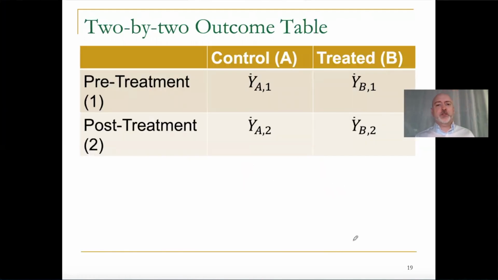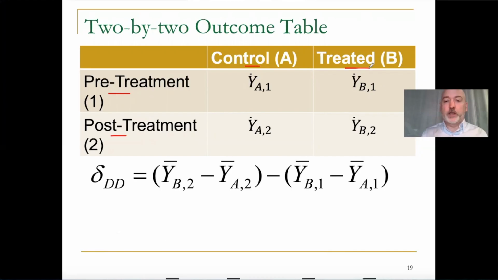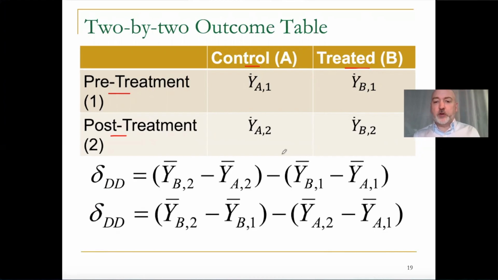So like we said, we get this little 2x2 matrix or table of outcomes of interest, and it's pre versus post, control versus treatment. So those are the four terms that we're always going to be playing with, right? And again, when we put those together, we have these two different dimensions that we're looking at to calculate the estimated treatment effect.